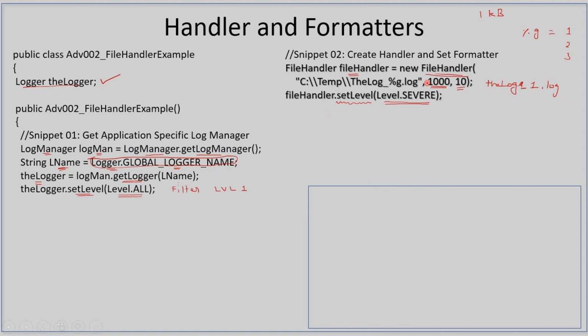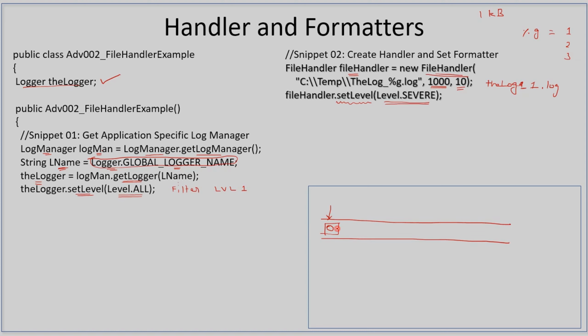So let's look at this rotating file information. There are 3 parameters. The first parameter is the file name. Second, we allow a maximum file size of 1000 bytes. Then the maximum number of files. Let's say initially it will start writing the file at index 0, so log_0.log. That's the file name it will write, and the handler will keep on writing the log messages on this first file at the 0th index.